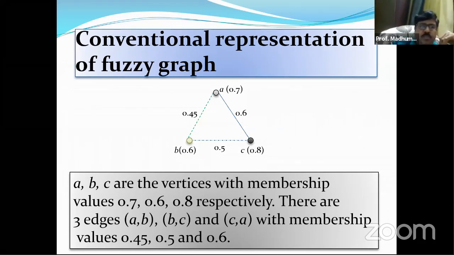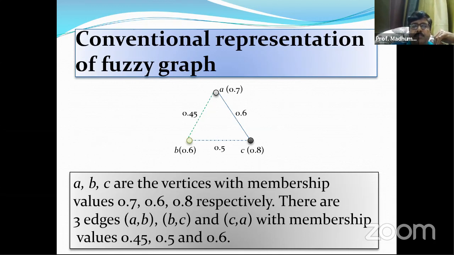They may or may not be present at a particular time instant. So this represents the membership value. The numbers associated with each edge represent the degree of membership of the edges. For the edge AB, the membership value is taken as 0.45.